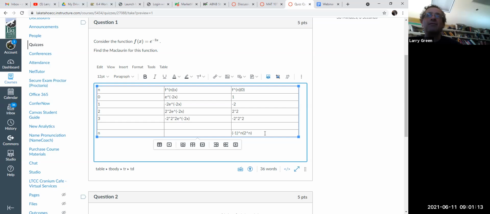Right now we're just finding the nth derivative evaluated at 0. That's all we're finding. And then we're going to put it all together with a power series, the Maclaurin series. But right now we've found the nth derivative, and that's really the hard part. The next part is just plugging into the formula.